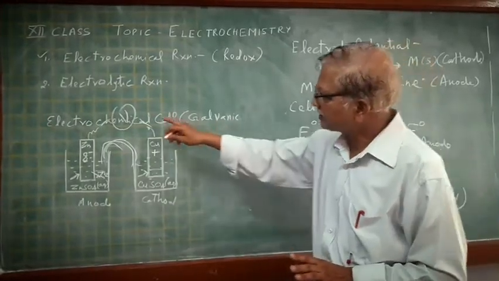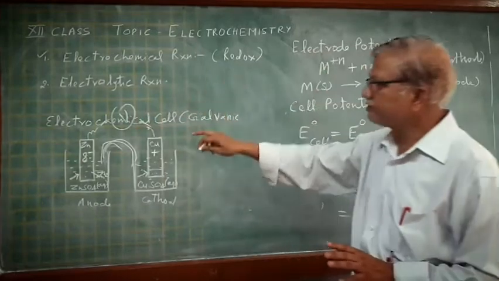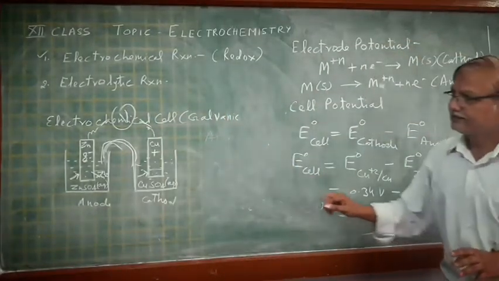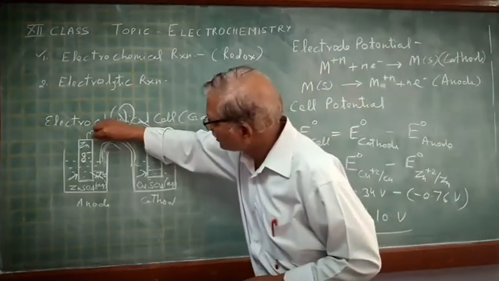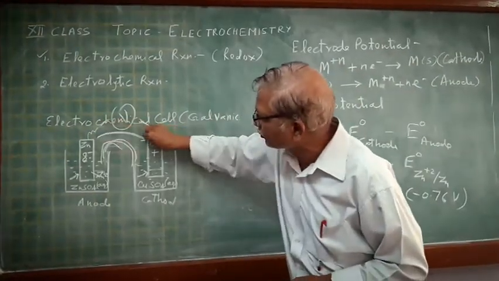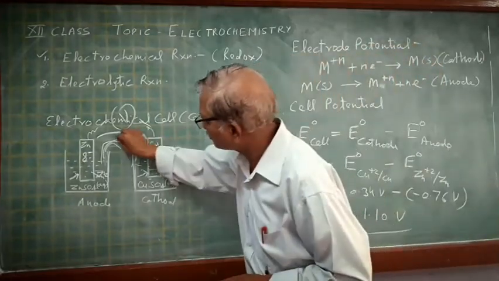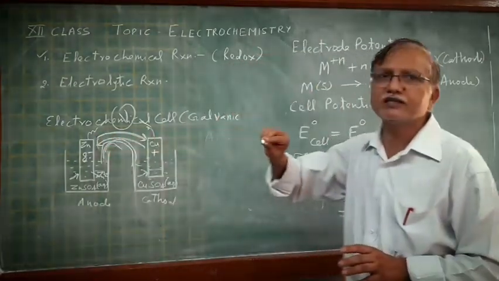But if the external potential is less than 1.1, then there is electron flow from anode to cathode and current flow from cathode to anode. This is a very important concept.